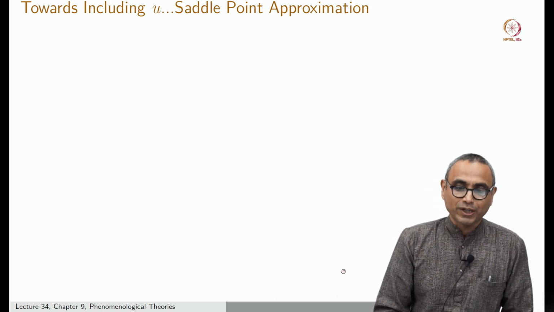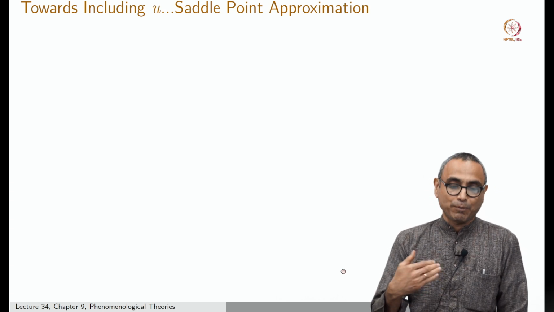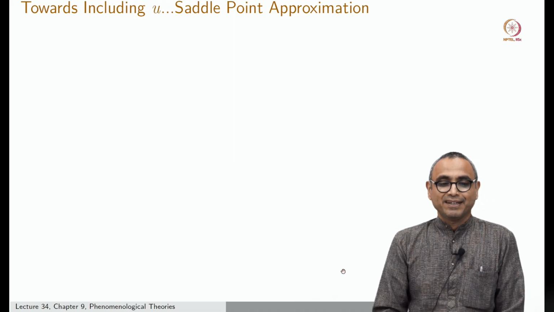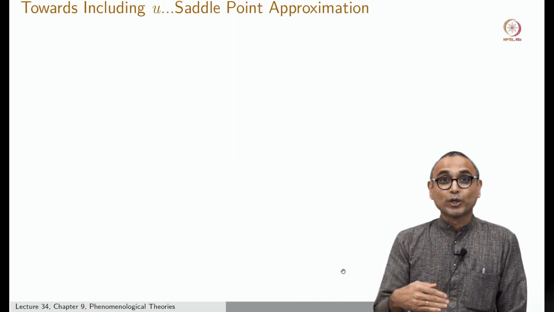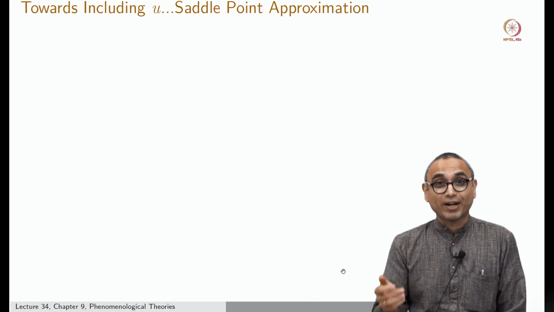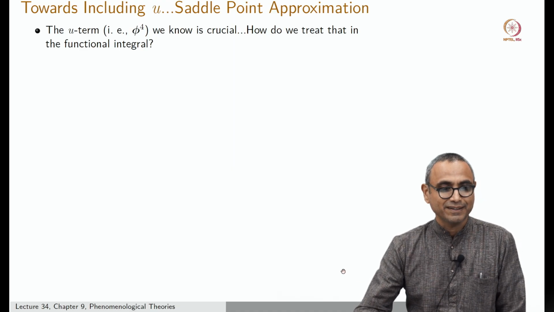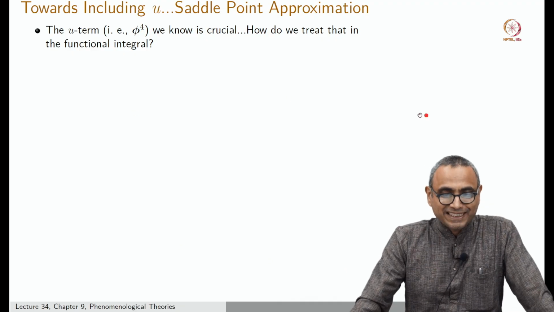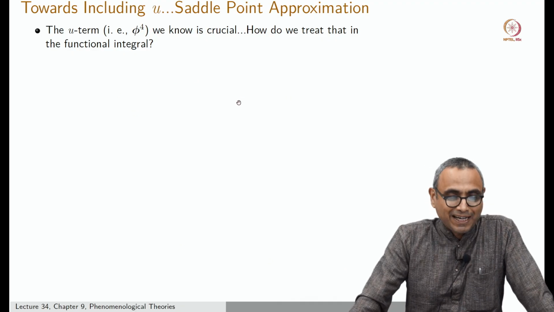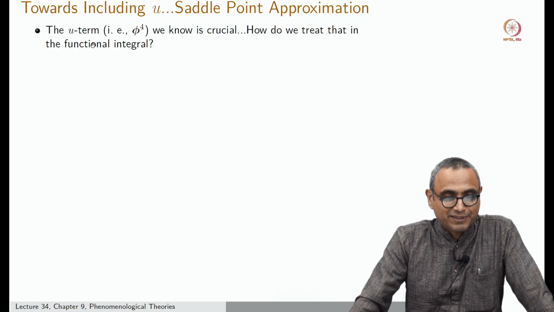So what I'm going to do now is introduce the saddle point approximation for you in an intuitive way by evaluating some one-dimensional integrals. The question we are after is how do we evaluate this phi-4 term, which is critical for getting our phases, etc.